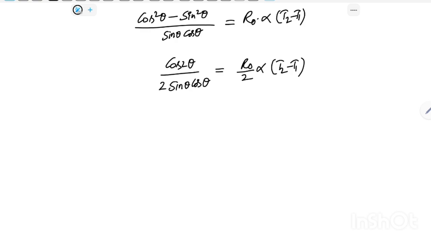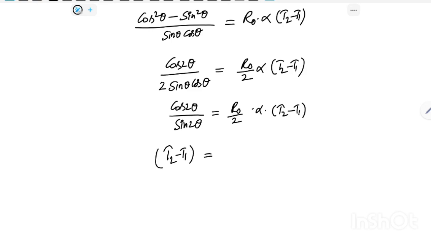Okay, so 2 sin theta cos theta is sin 2 theta, therefore cos 2 theta by sin 2 theta is equal to R naught by 2 into alpha into T2 minus T1. Okay, except T2 minus T1, if you send all the terms to the other side, you will get T2 minus T1 is equal to R naught alpha by 2 into cot 2 theta.